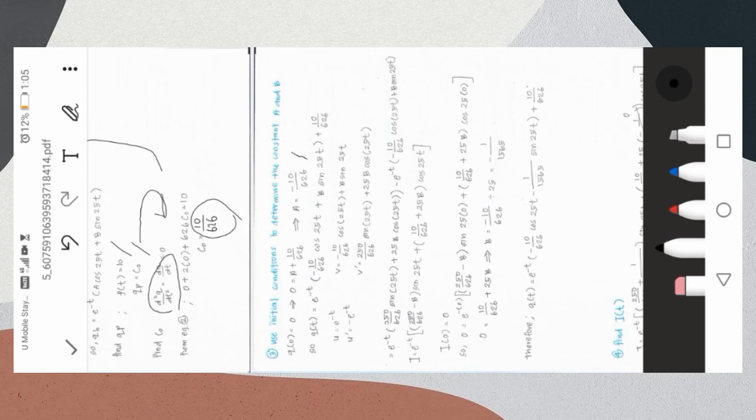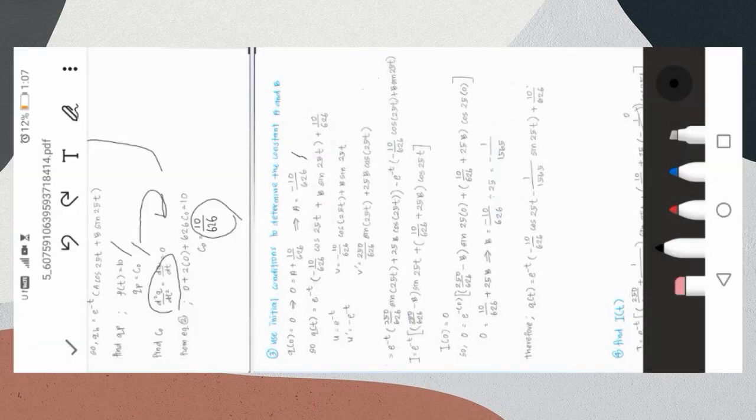And we have to differentiate it because we don't have the equation to apply the condition. So we can use the product rule. u equals e to the power of negative t, and we differentiate it, it will become negative e to the power of negative t. v is negative 10 over 626 cos 25t plus b sin 25t, and we differentiate it, and it will become 250 over 626 sin 25t plus 25b cos 25t.